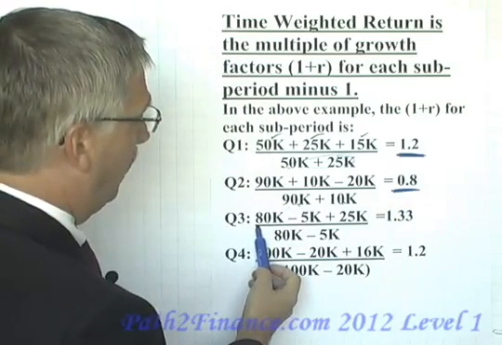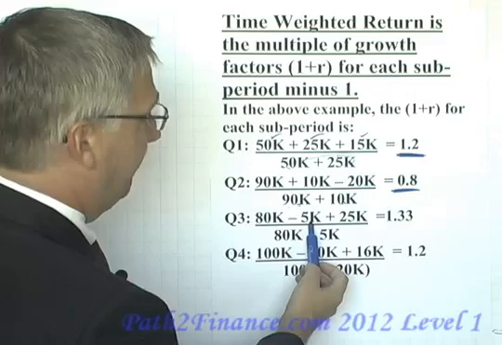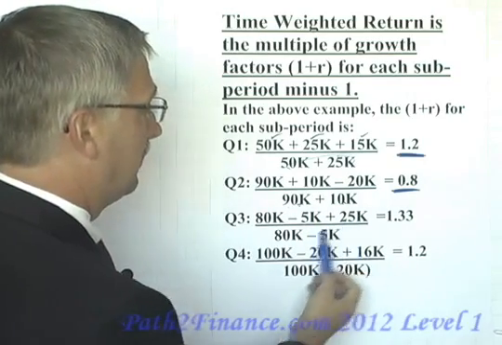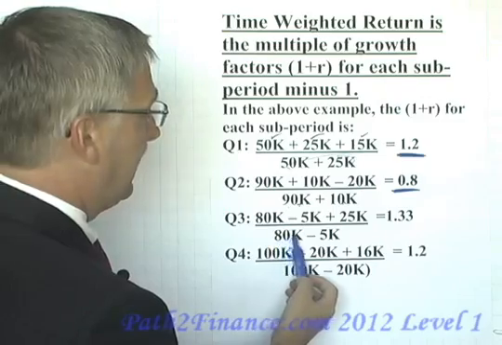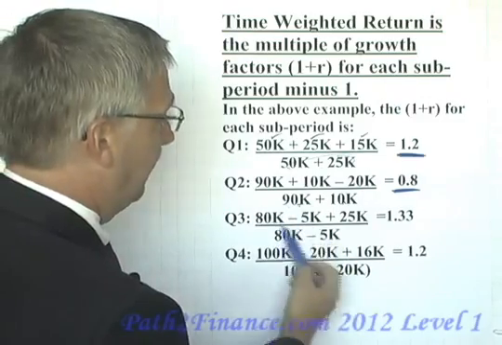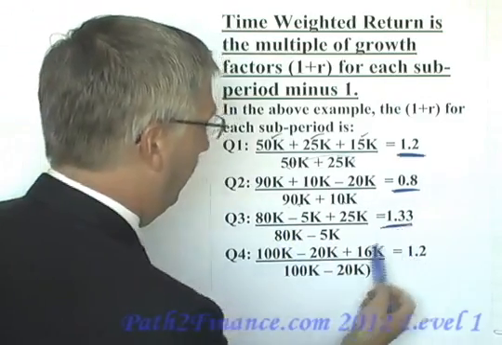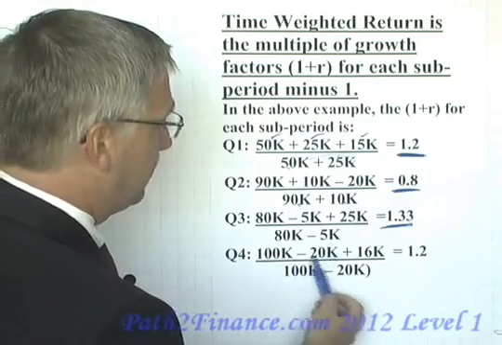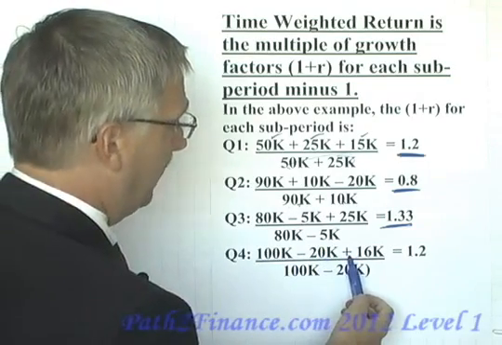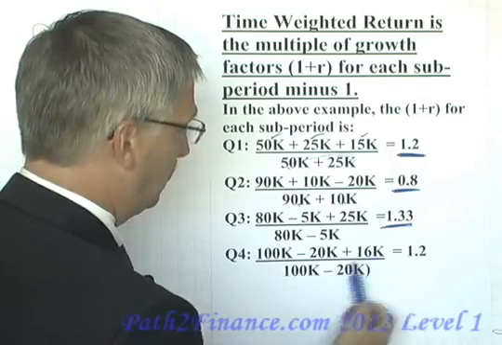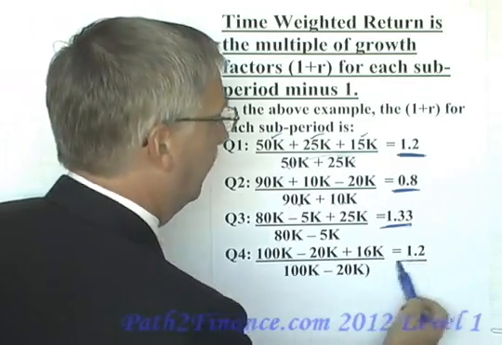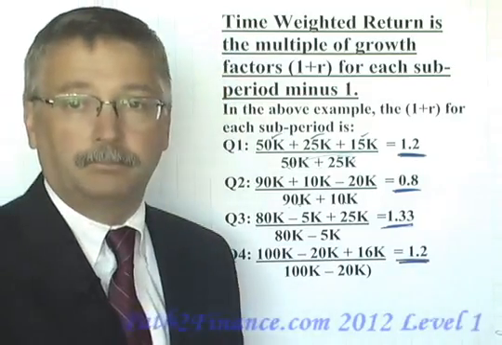Continuing on into quarter three, $80K minus the $5K he withdrew plus the $25K the investment returned, divided by the 80K minus the 5K, here the original balance, for 1.33. And then at the end, 100K minus the 20 he withdrew, plus the 16K the investment returned, again divided by the 100K minus 20, for another 1.2.